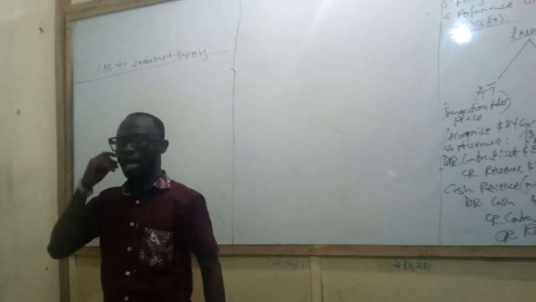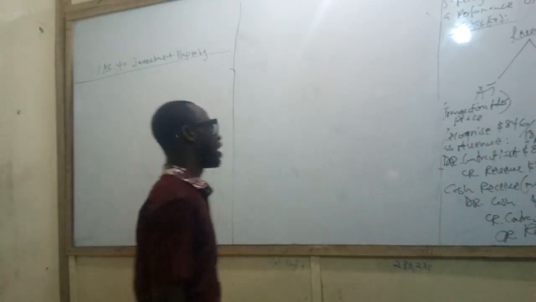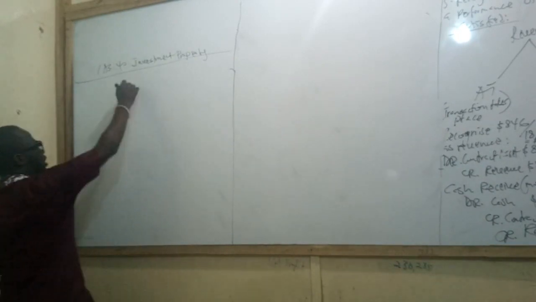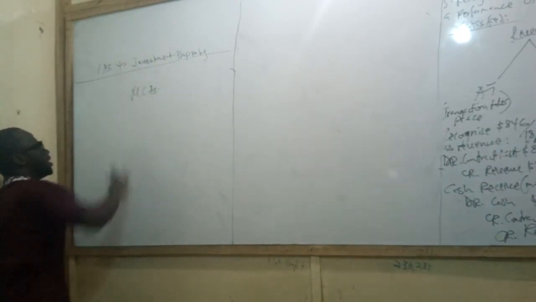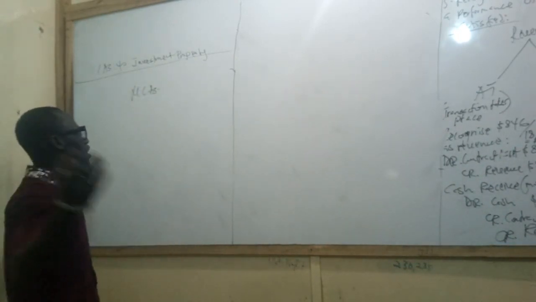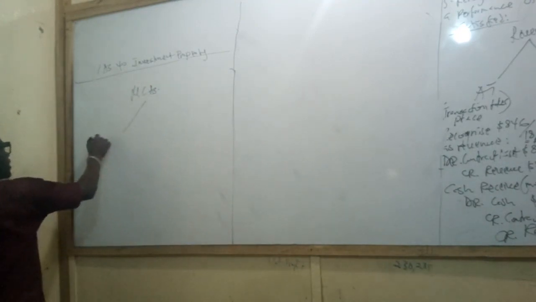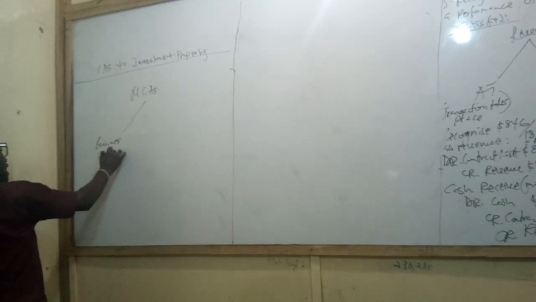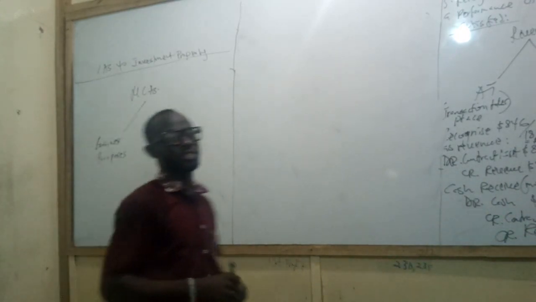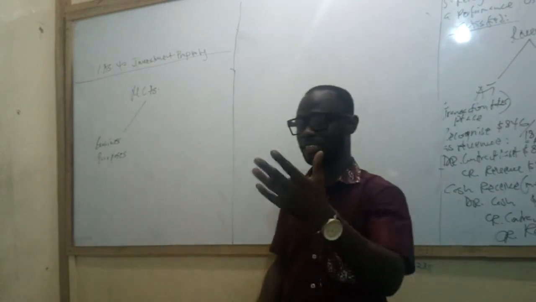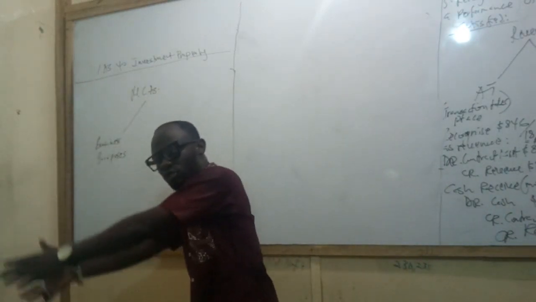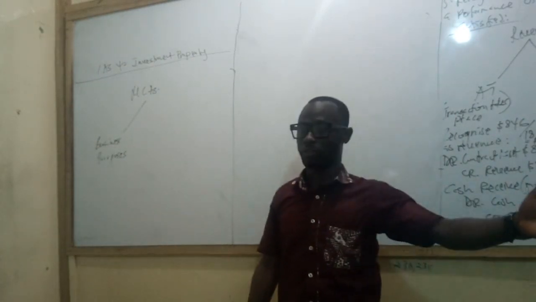Now, you remember when we were doing IAS 16 that I mentioned that non-current assets can be carried in two ways. One, non-current assets can be used for business purposes. In other words, when we are using the non-current asset for business purposes, it means we use that non-current asset either in the production of goods and services or for office purposes.